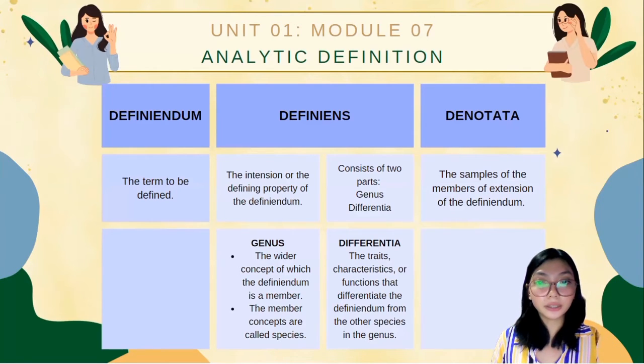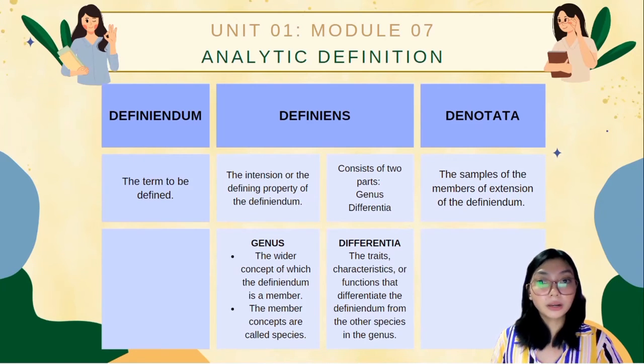Definiendum basically is the term that needs to be defined, while the definiens, on the other hand, provides the intention or the defining property of the definiendum. We must keep in mind that the definiens consist of two parts, which is the genus and the differentia. We can define the genus as the wider concept of which the definiendum is a member.